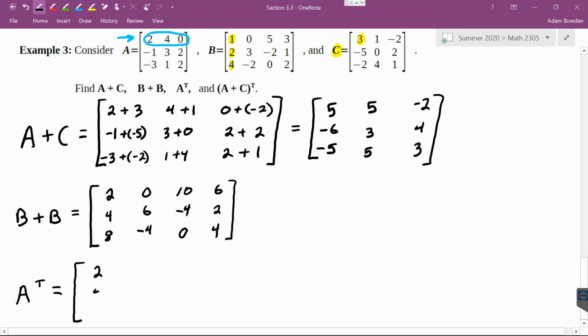So I'll put 2, 4, 0 down vertically in the column here. And then the second row, negative 1, 3, 2, will now turn into a column. And lastly, the last row, negative 3, 1, 2, I'll put down the column here. So that's what we call the transpose matrix of A.